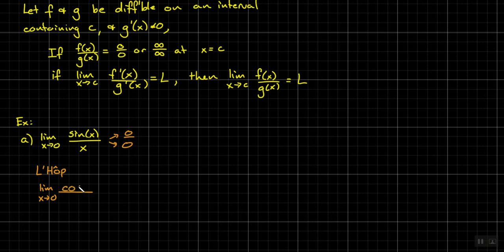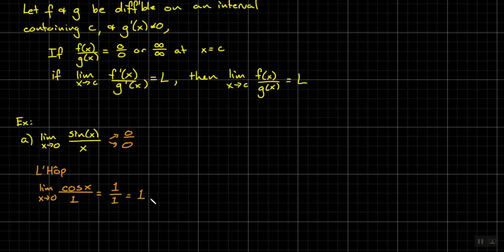Here's the cosine of x over what's the derivative of x? 1. Now let's try this direct sub. What's cosine of 0? 1 over 1 equals 1.